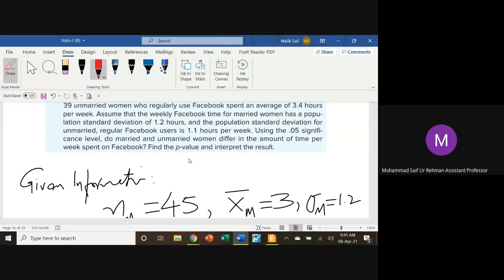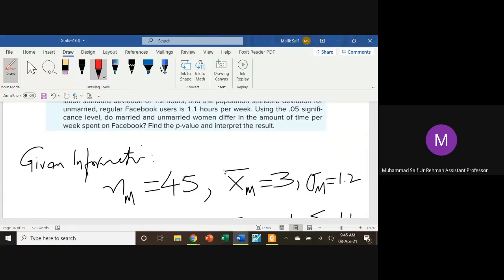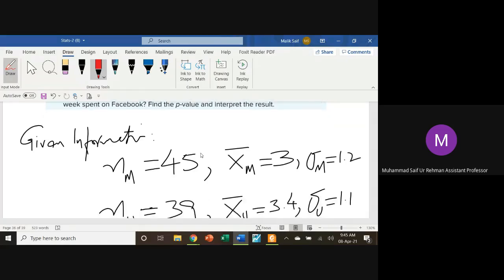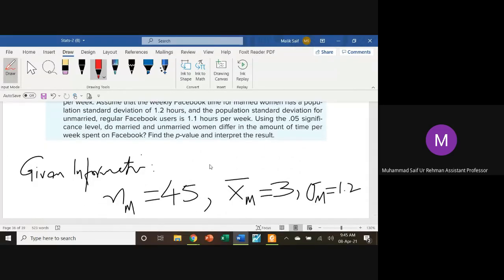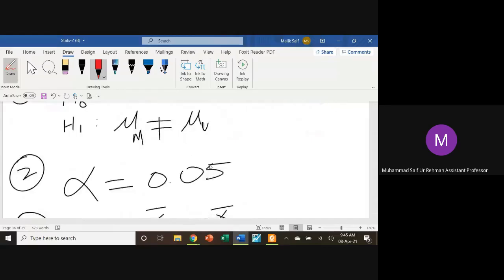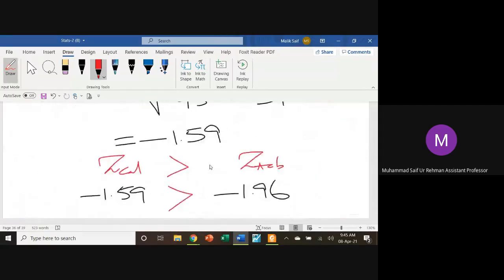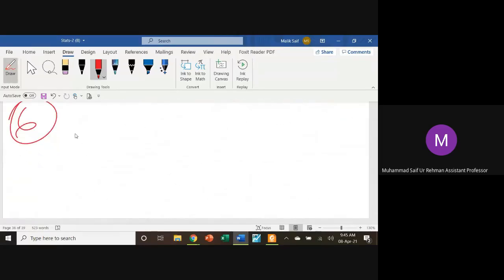So you will say no. There is no difference of time that is being used by married and unmarried women using Facebook. So whether they are married or unmarried, they are spending same time on Facebook. Understand? So you write down this statement in step 6.